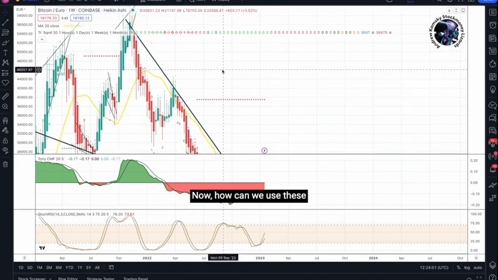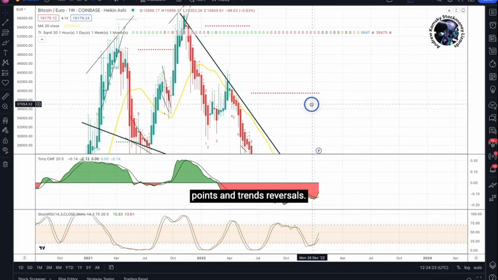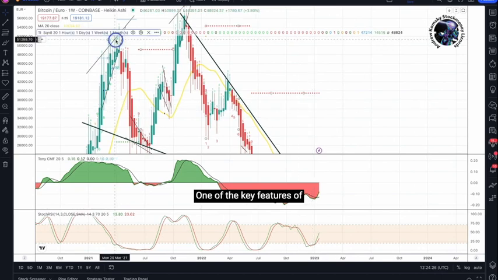Now, how can we use these numbers to better understand how to identify these exhaustion points? The deMark indicator uses a specific counting method to identify potential market turning points and trend reversals. One of the key features of this indicator is the use of a 9-count threshold.